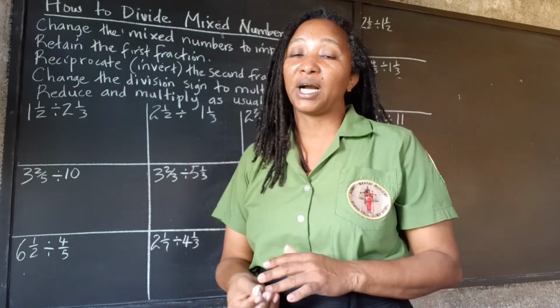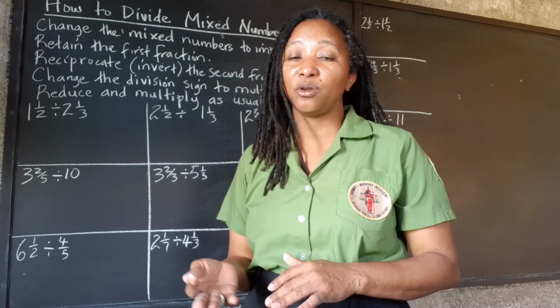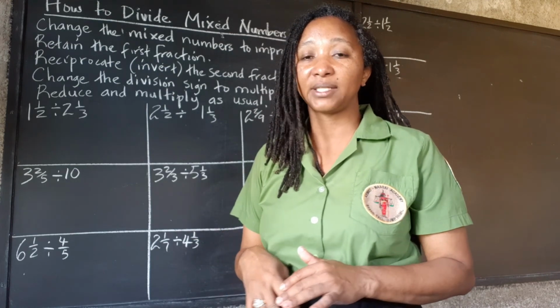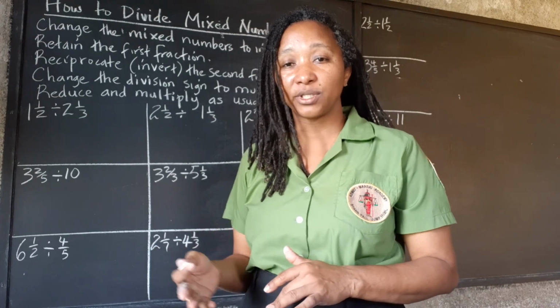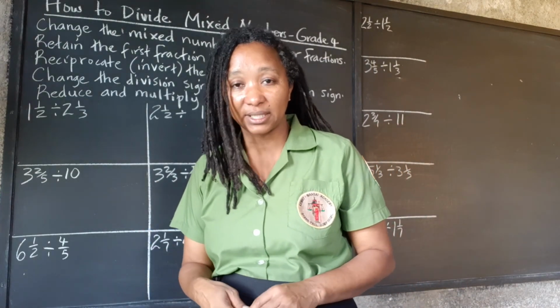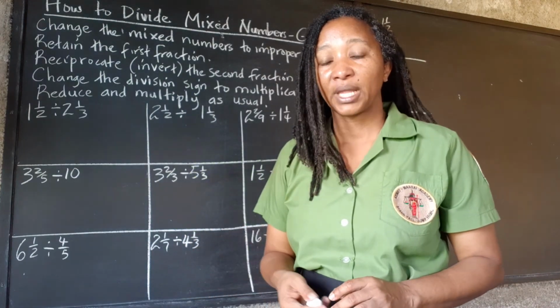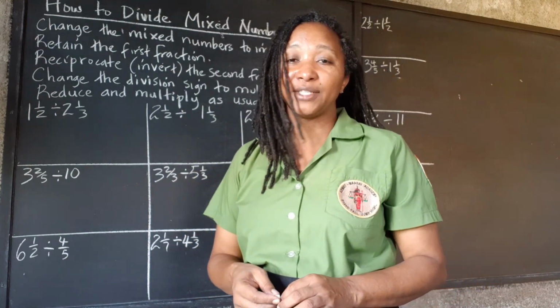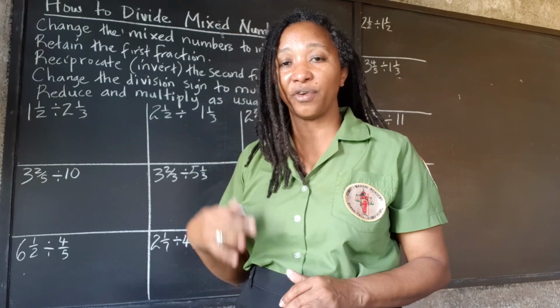So by reciprocal we mean what is in the numerator goes to the denominator, what is in the denominator goes to the numerator. So to divide by 3/4 is the same result as to multiply by 4/3.